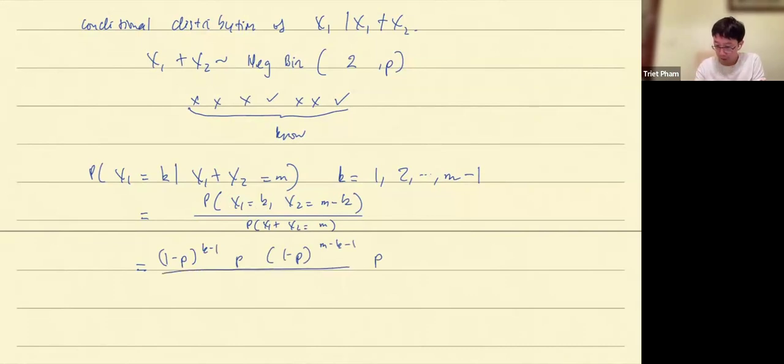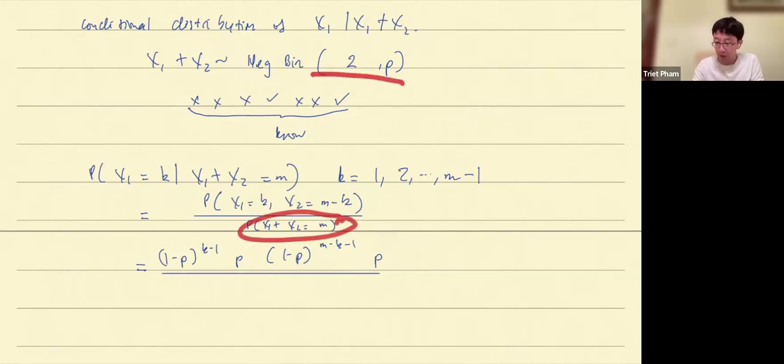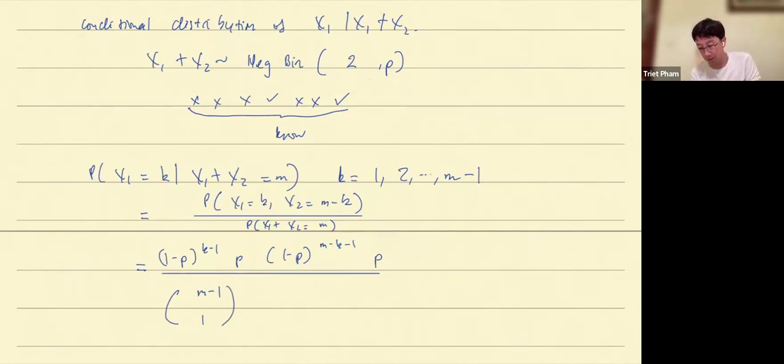Divided by what? This is the negative binomial. So among the previous m minus 1 positions, choose one position to be your first success.